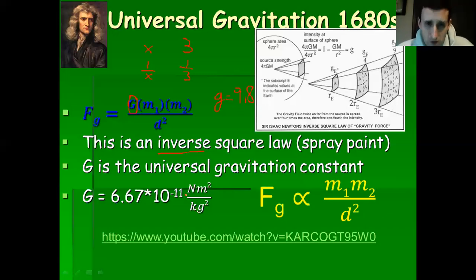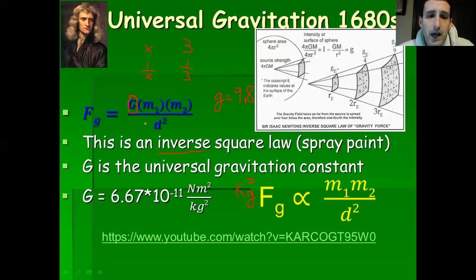But these units were carefully chosen for our benefit, because when we stick this into this larger equation, we're going to end up with a mass in kilograms times a mass in kilograms. Well, kilograms times kilograms is going to give us kilograms squared in the numerator. And then if you put that together with the units of big G, now we've got kilograms squared in the denominator. So we can take the kilograms from our masses and cancel them out with the kilograms from our constant.